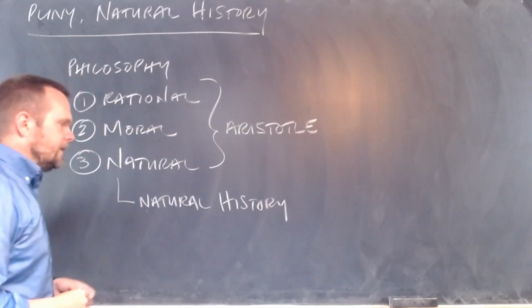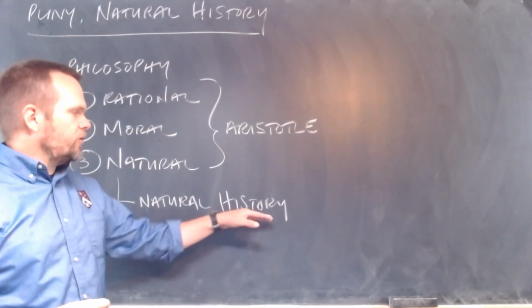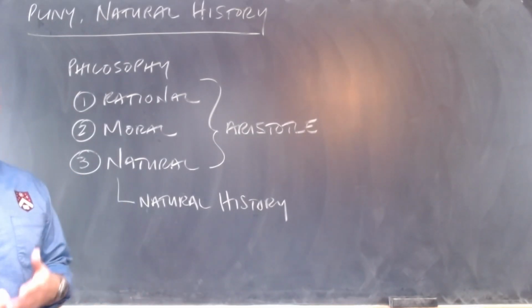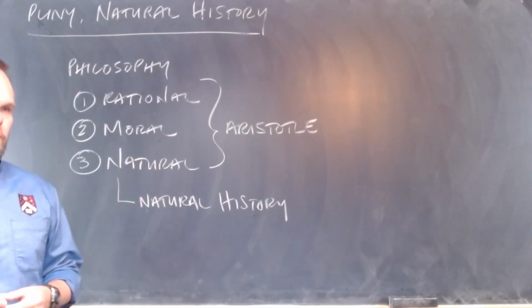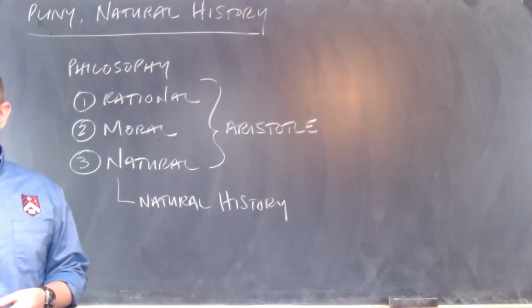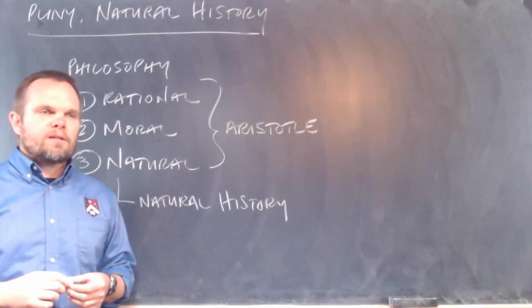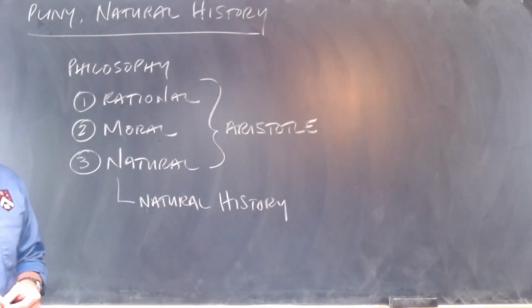And natural history, don't get confused by the word history. It doesn't mean the past. Natural history is just a study of what exists in nature. It's like a study of our observations in nature. Simple nature studies. That's natural history.